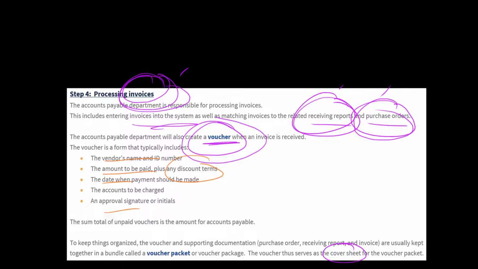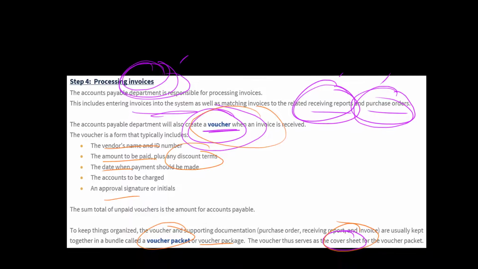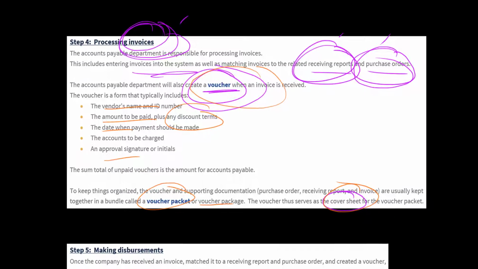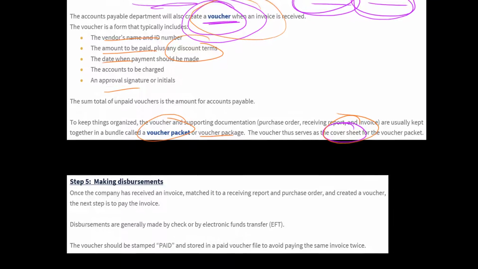So you've got, ideally, the invoice, the receiving report, the purchase order, all match, and then you have this voucher document on top, summarizing all the information and serving as the cover sheet. And then all these documents together we'll call the voucher packet or voucher package. So you've got the voucher summarizing everything that happened, and then you've got the supporting documentation, and you put that all together. That's your voucher packet or voucher package.